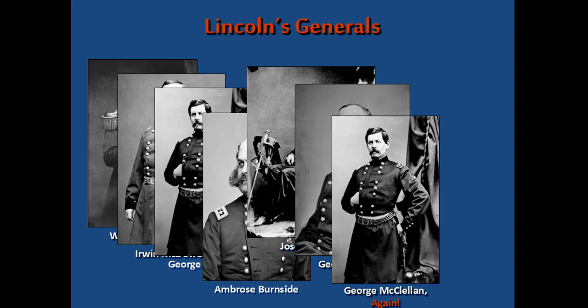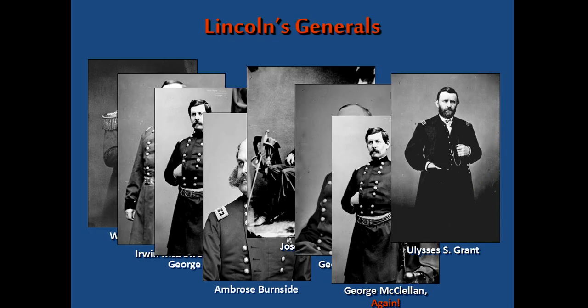The Union could never fully get a strong showing in war at the very beginning of the war. They were getting beaten by Southern forces that had fewer men but better generals. And so the course of the war was very difficult. The Union did not score decisive victories in the first 2 years of the war.